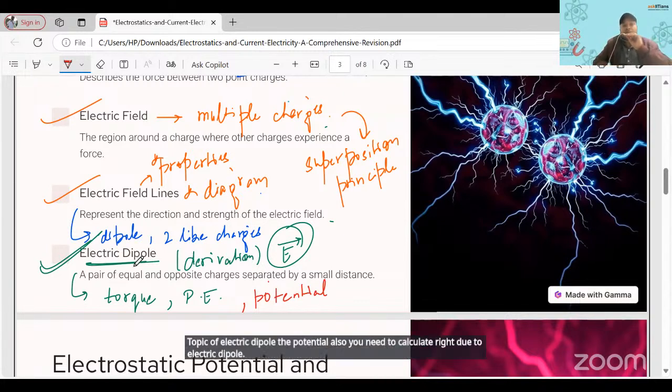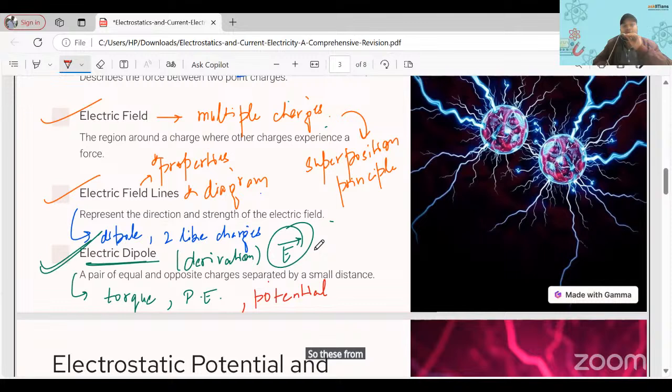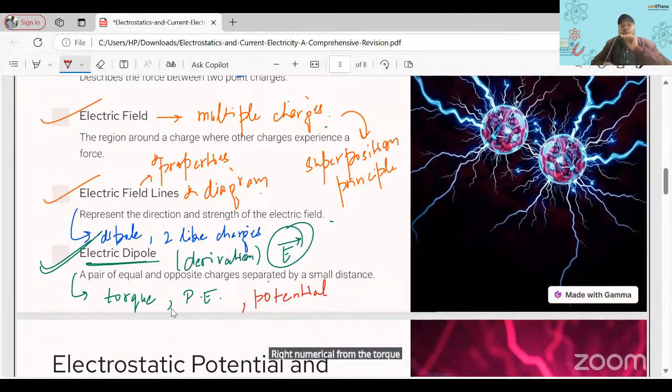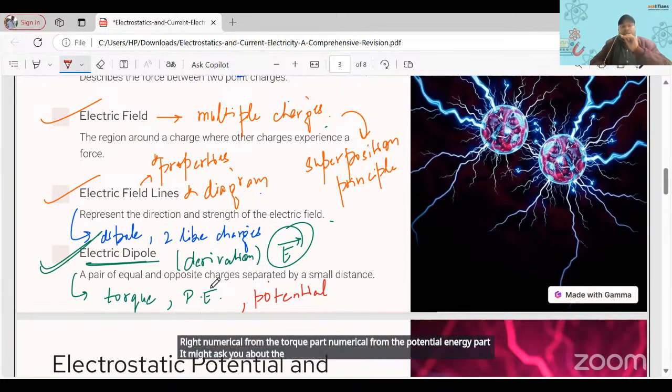From these topics you will have at least 5 marks in the paper. A 5 marker may come, with a derivation and an associated numerical: a numerical from the torque part, from the potential energy part. It might ask you about stable equilibrium and unstable equilibrium in the case of an electric dipole placed in a uniform electric field.